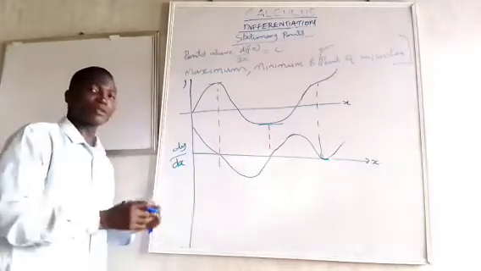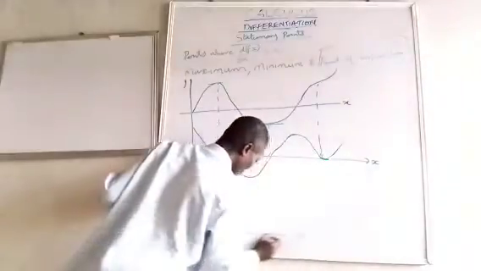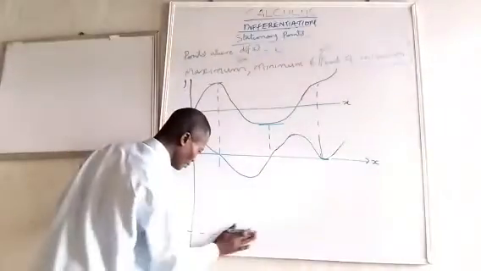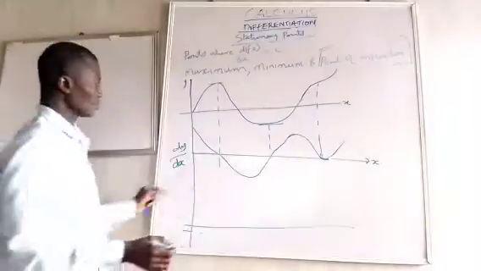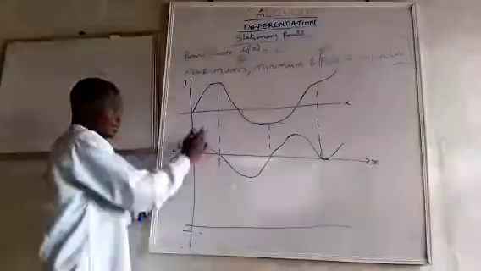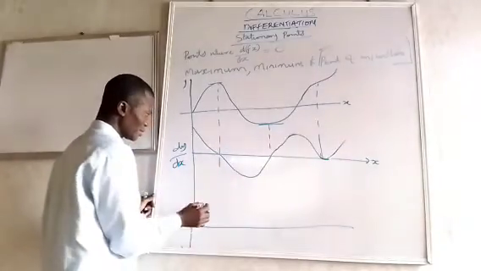Now, we will draw d²y/dx², considering the motion of dy/dx. So, in this place, the gradient is reducing. Since it is reducing, it means it is negative.